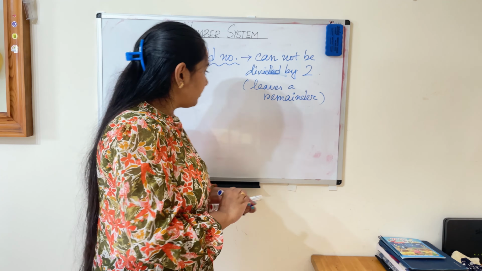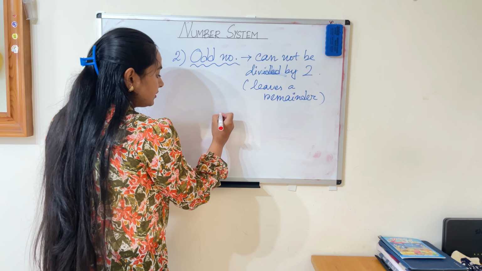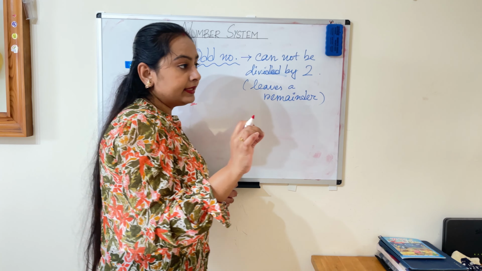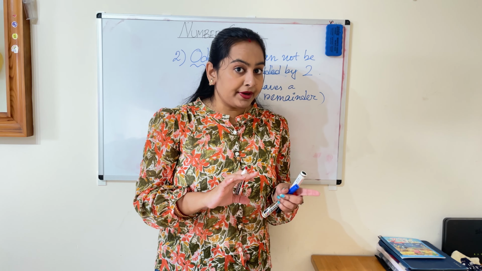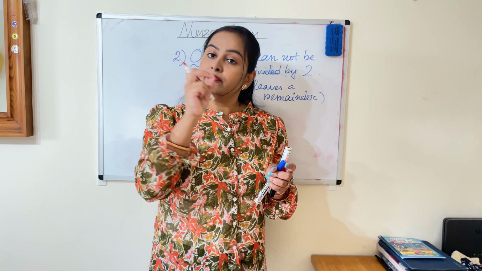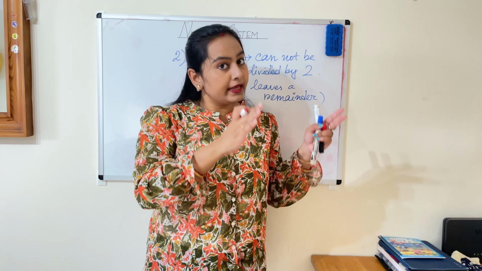Okay, so I am giving you one example. Let me first tell you one important point, how we can recognize even numbers. If the unit place digit is 0 or 2 or 4 or 6 or 8, then that number should be considered an even number.